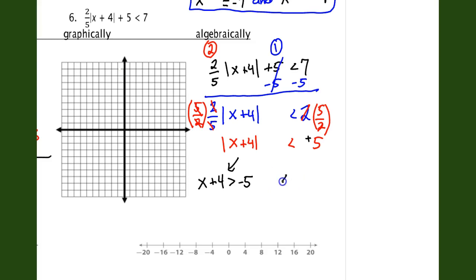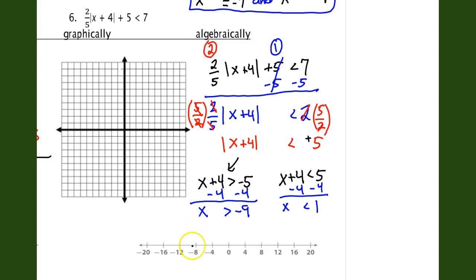And then also, when is x plus 4 less than 5, where they both stay the same? Subtract 4 on both sides. So when x is greater than negative 9, and here, when x is less than 1.